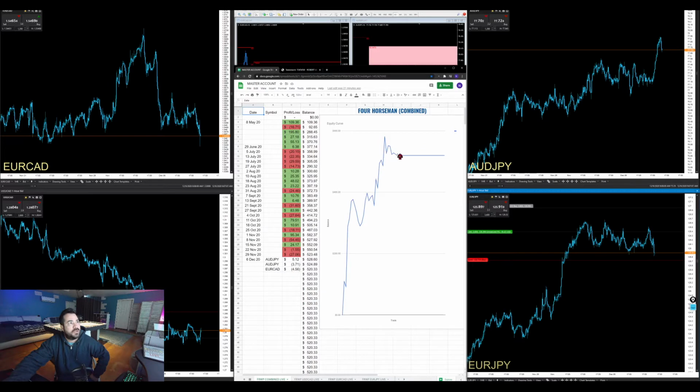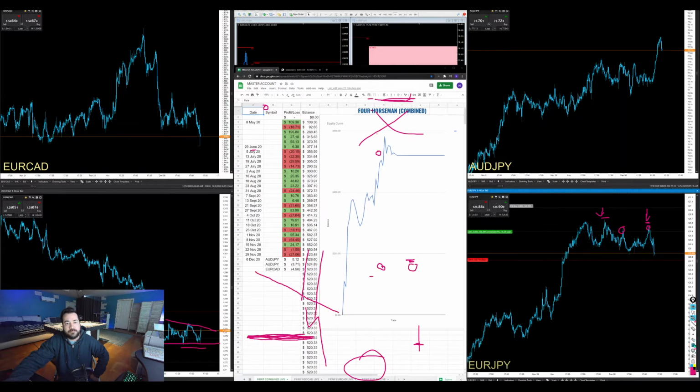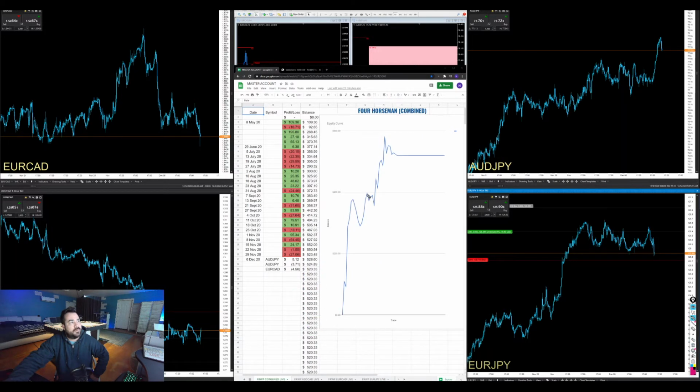It's a little irritating, but I've been through that before. It's very similar to this right in here where we had a slow bleed, and then we had some great weeks come out. So we're going through that right now, and I'm expecting a lot more out of this. This is probably our worst drawdown right in here, this area.